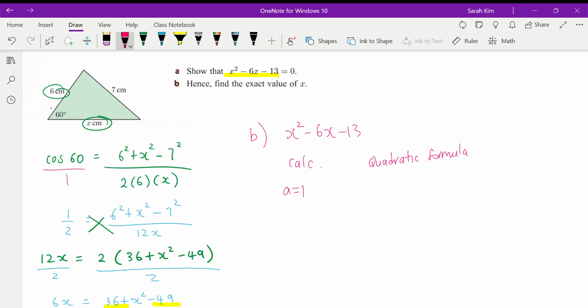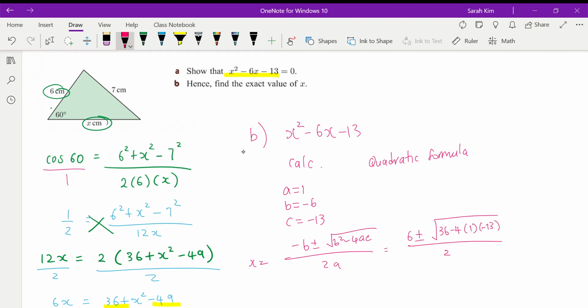So my A is 1. So this should be really easy for you now because we've done it so many times. So our equation is, can't remember, minus B plus or minus square root of B squared take 4AC over 2A. So 6 plus or minus square root of 36 take 4 times minus 13 divided by 2 times 1.